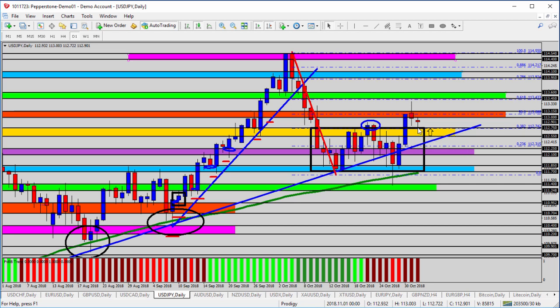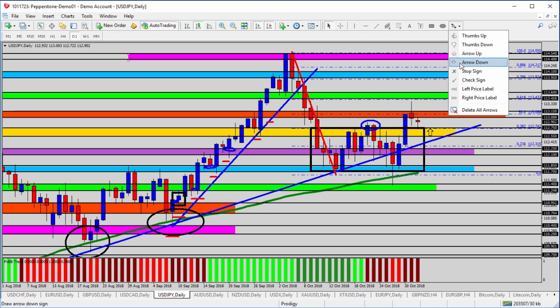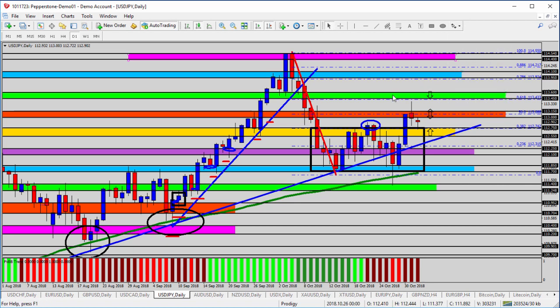Otherwise, if the momentum we've seen for the past 3 or 4 days is going to carry through, we may see support here, another challenge of the orange shaded area, and of course a break of that orange shaded area, and we look for the continuation higher. By the way, the 618 of that red trend line sits right here at the green zone, the 113.45 area. So that's interesting as well.